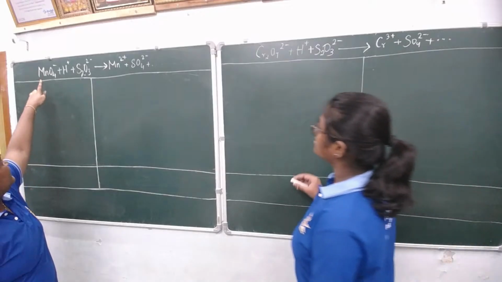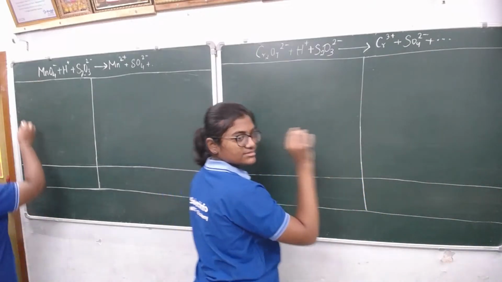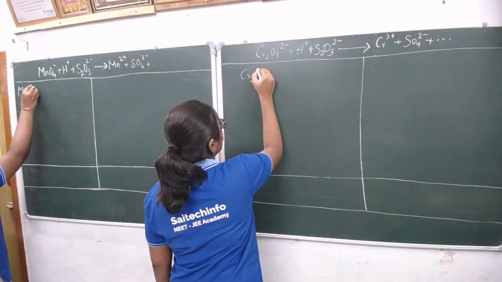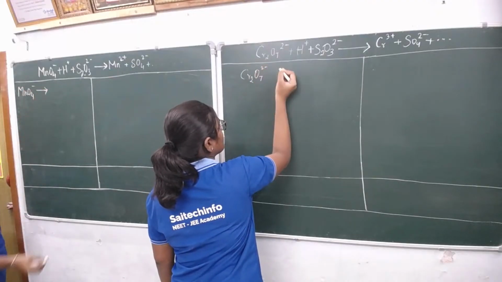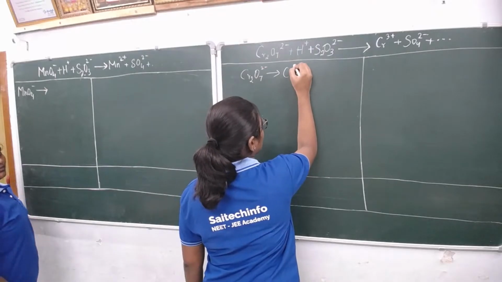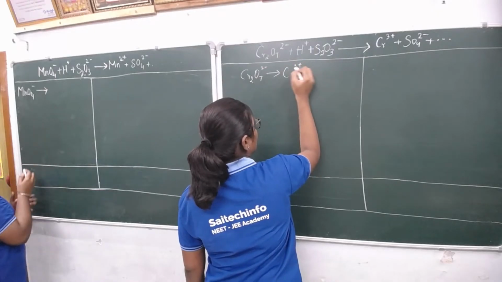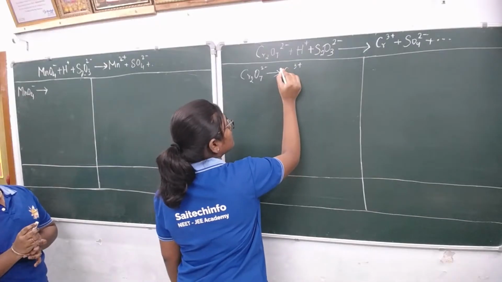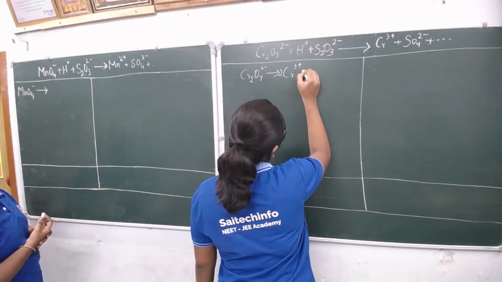So first we are taking the oxidizing part, MnO4 minus. See, actually, Priya on the left side is using KMnO4 as the oxidizing agent, that is MnO4 minus. And Emily is doing Cr2O7 2 minus as the oxidizing agent, right? Right, proceed.